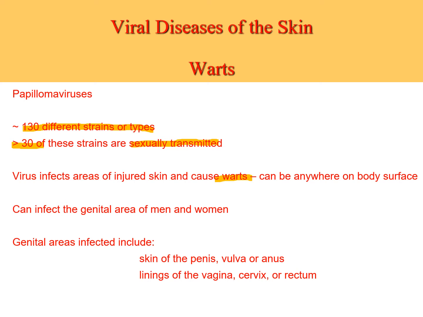Can infect the hands, the face, anywhere, and including the genital area in both males and females. The areas infected are typically on the skin of the penis, on the vulva or the anus, the internal lining in the vagina, and the cervix or the rectum. All of these can have infected genital warts caused by certain types of papillomavirus. Not all, some of them, quite a few.